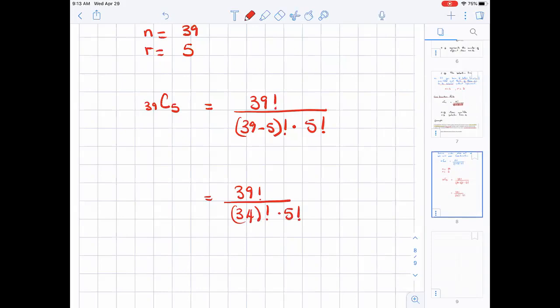Because you're doing a division, this will end up being a smaller number. Punching the numbers into your calculator gives us a total of 575,757 choices.